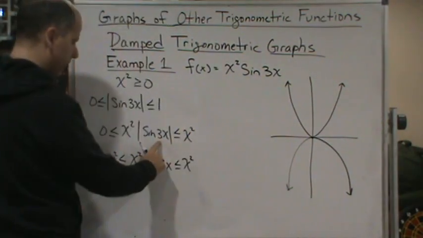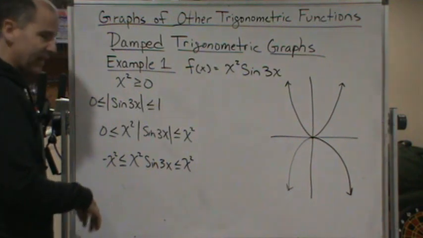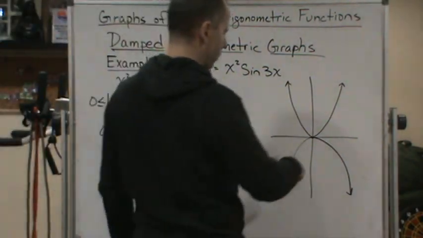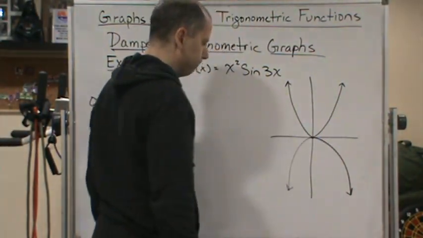Now it's got a factor of 3 here, but that still just means a horizontal stretch or compression. In this case, it's going to be squeezed, but it's still going to bounce between these two parabolas.